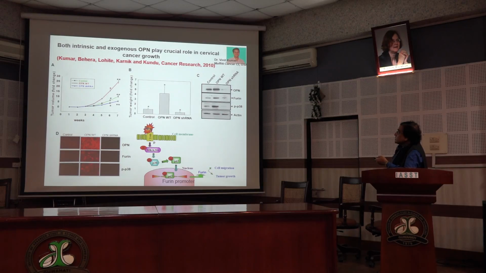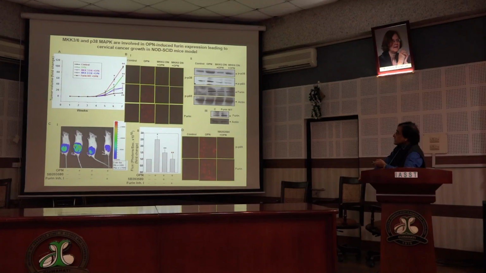He has also shown that in the cervical cancer model, particularly P38 MAPK, one of the important targets in cervical cancer, is regulated by OPN, but not by interacting with integrin, but by interacting with CD44, and regulates the activation and expression of a serine protease called furin, and that furin regulates cervical tumor growth, which he has shown by multiple in vivo models as well as in vitro models, by overexpressing osteopontin or by silencing osteopontin using shRNA.